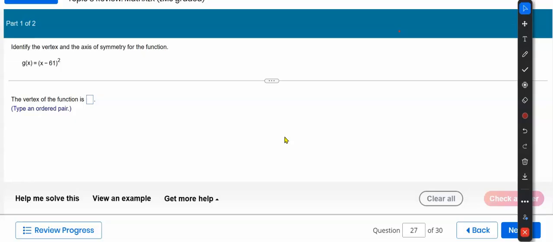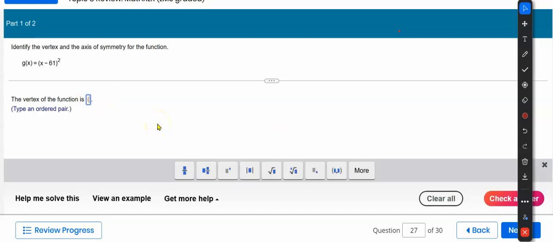All right, so what's the vertex? Would the A be X or 1? No, the A is not the first part of the vertex. There is a 0 out here, and that is the second part of the vertex, so you're right about that.